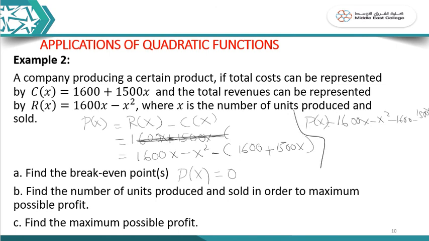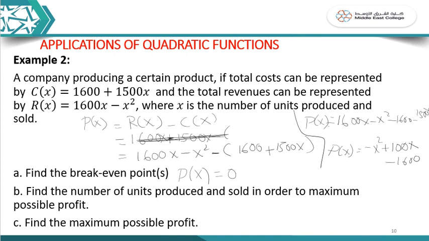I will get that the profit p of x is equal to minus x squared plus 100x minus 1,600. Okay, this is the profit.